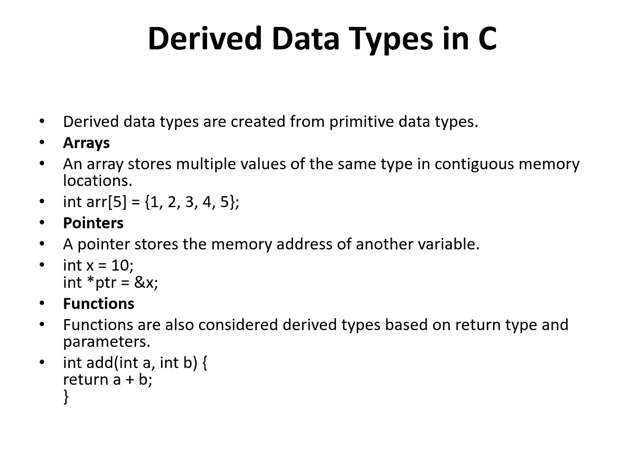Functions are also considered derived data types, based on return type and parameters. For example, the int data type, then the function name, then enclosed parentheses with int a comma int b. This line means a function with parameters and a return type. These are all the derived data types.